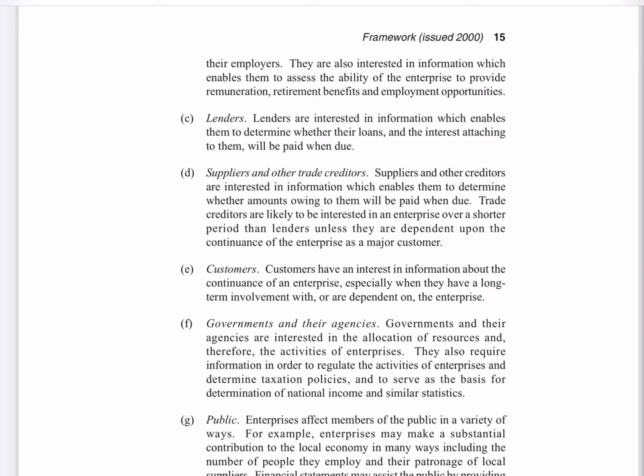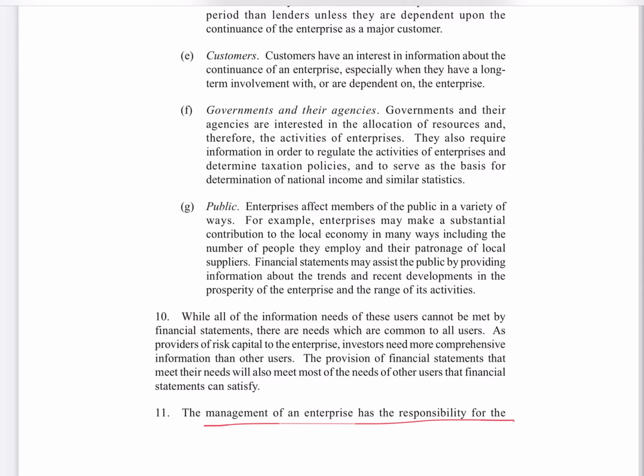Government, for them to understand what should be the taxation policies, how much the company is contributing to the national income. Public, the general people, if the company is listed on a stock exchange, they are raising money from the general public through issue of shares.